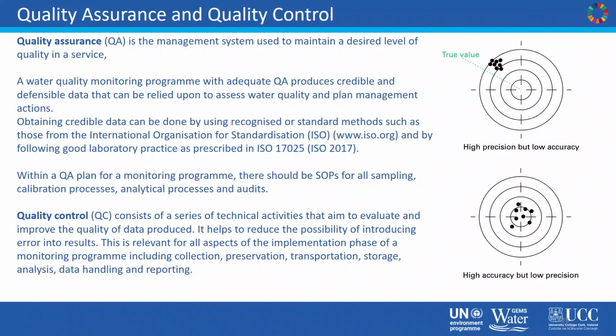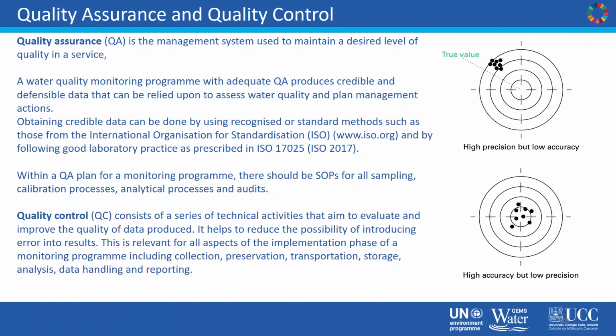Quality assurance, or QA, is the management system used to maintain a desired level of quality in any service. And for water quality programs, this is no different. With adequate QA, the data will be credible and defensible, and it can be relied upon to assess the water quality, and therefore any management actions based on the data can be done reliably.